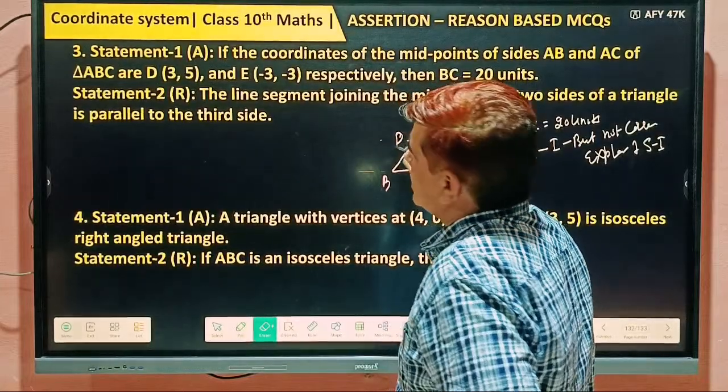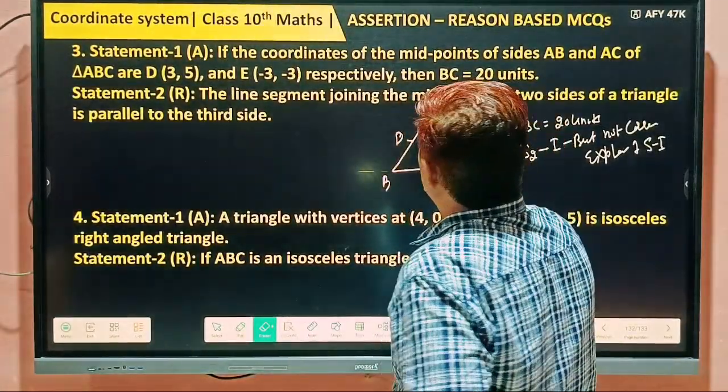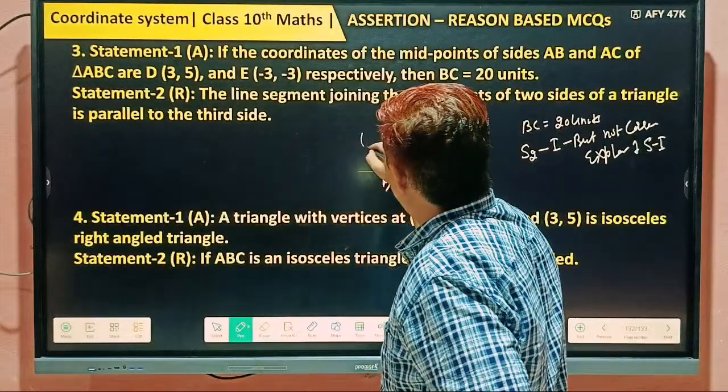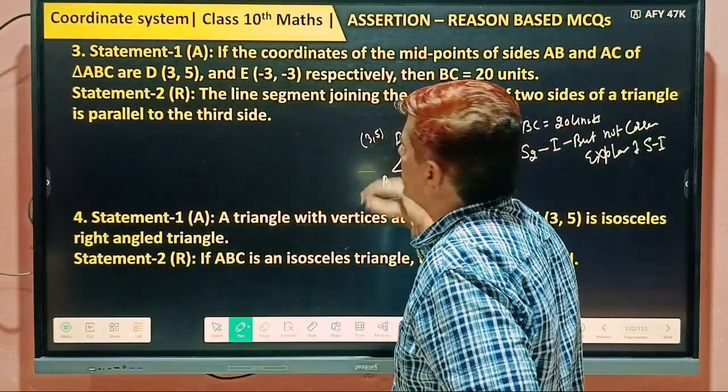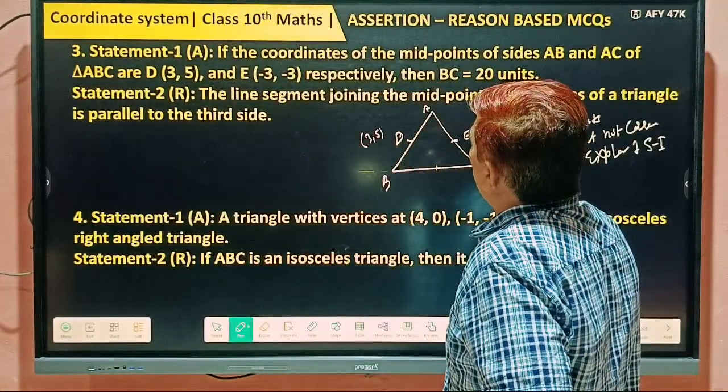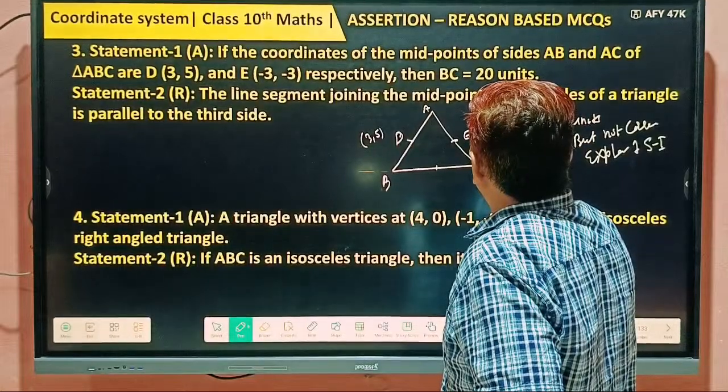D is the midpoint of AB, whose coordinates are 3 and 5, and E is the midpoint of BC, whose coordinate is -3.